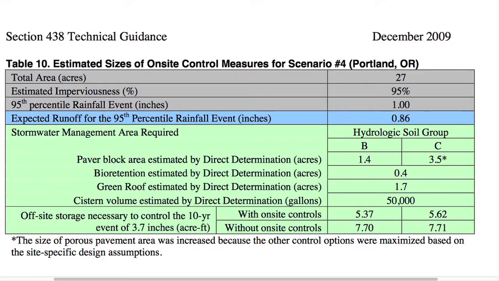Of the 16.9 acres of paved area, 1.4 to 3.5 acres, or 8 to 20% of the paved area, depending on the soil type present, could implement paver block systems. 1 or more cisterns could be used to capture up to 50,000 gallons of runoff from rooftop areas.